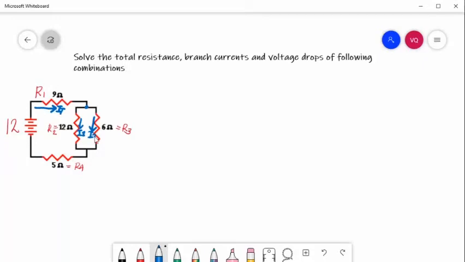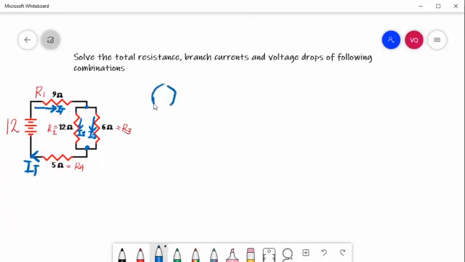These branch currents will meet at this node. So it will go to our resistance R4, which is 5 ohms, and the current flowing here will be equal to your total current. So IT again is equal to the current in R4, which is I4. So this one is total current.